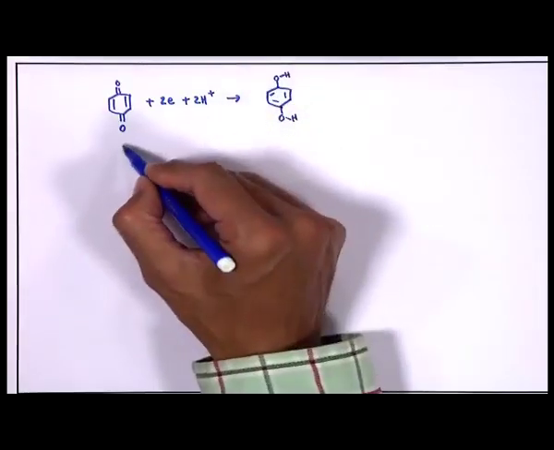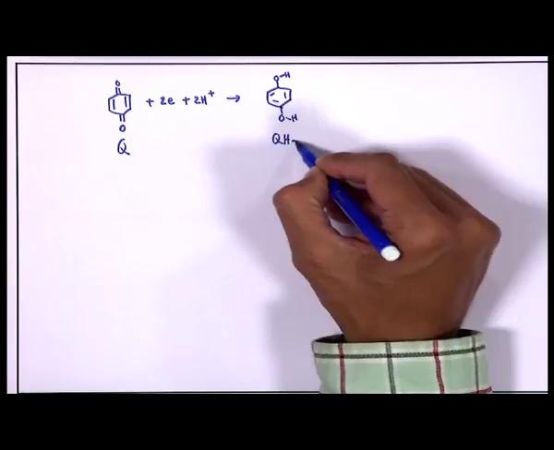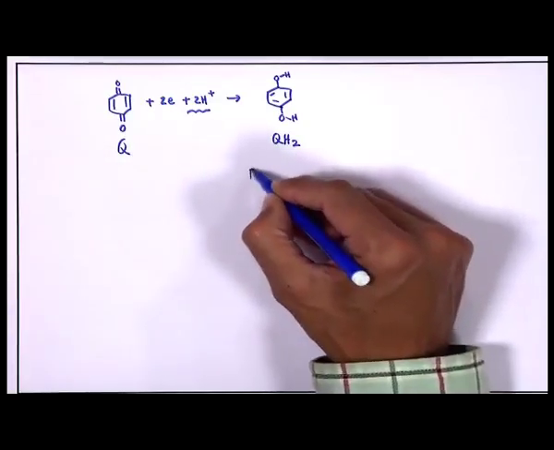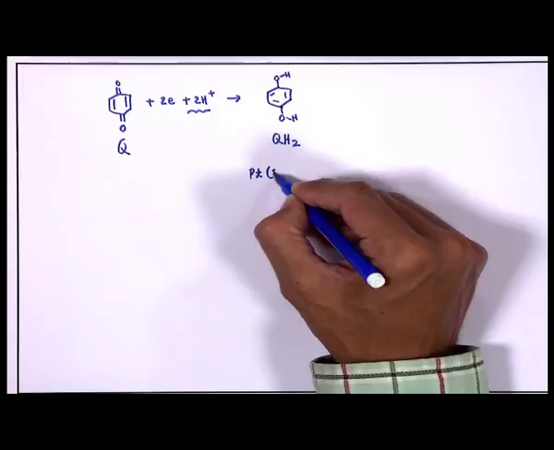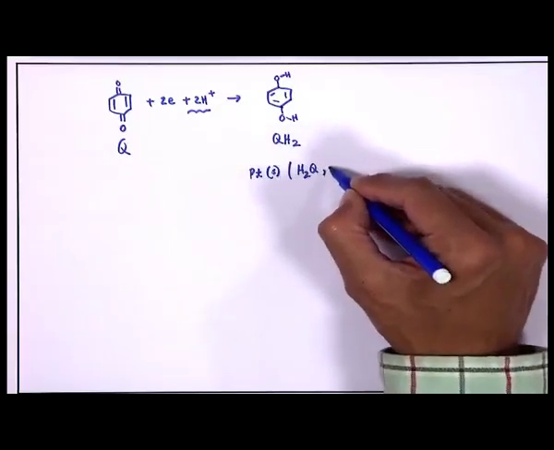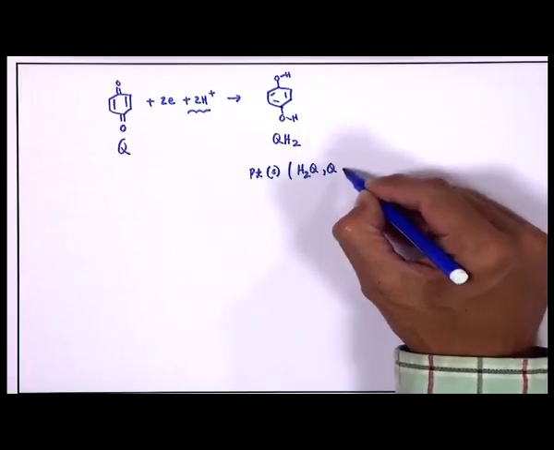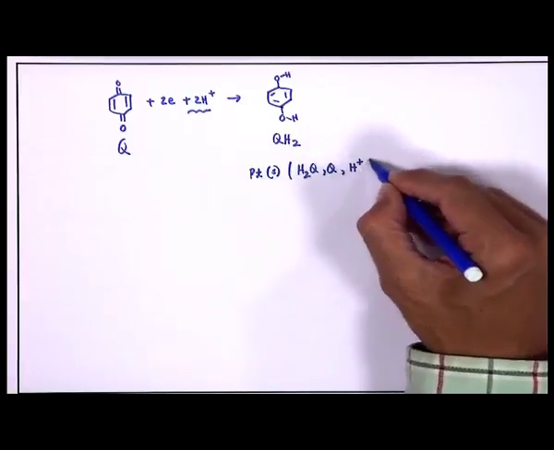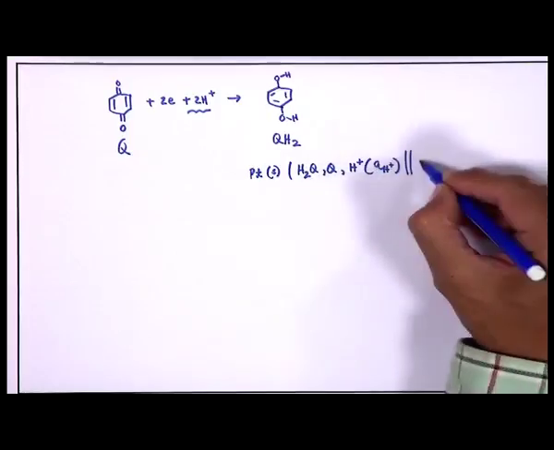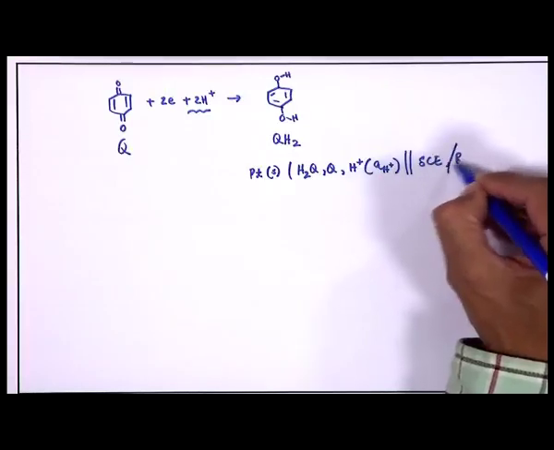Okay. So, this is Q, this is QH2. This is also H plus reversible. So, you can also make an H plus reversible electrode half cell like Pt solid, Q or QH2, then Q, then H plus, activity of H plus, and then maybe a standard electrode like the saturated calomel electrode, or a reference electrode.